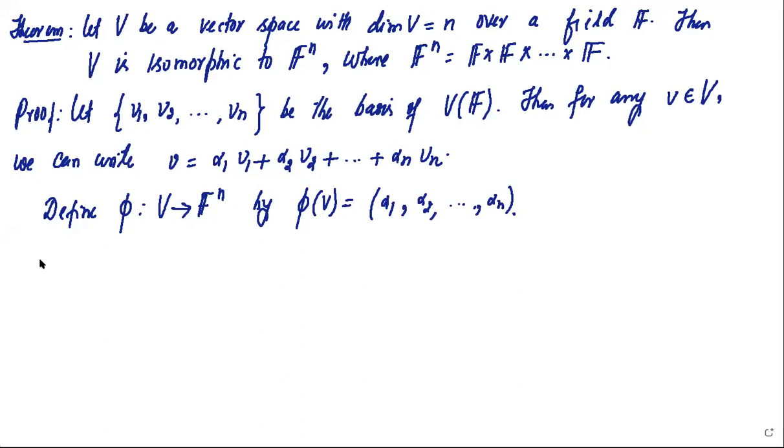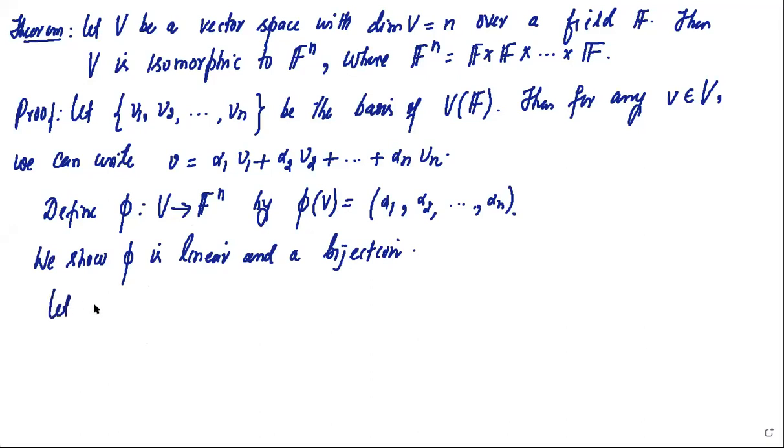So now we show pi is linear and a bijection. Okay. So now let's choose some two elements.